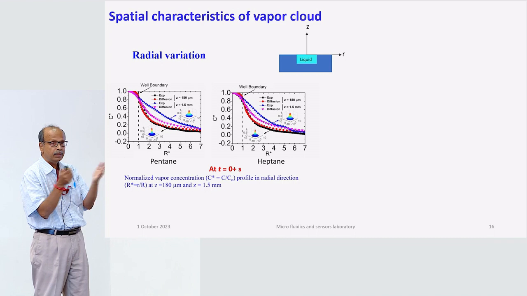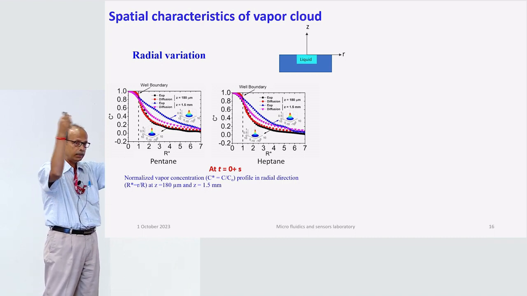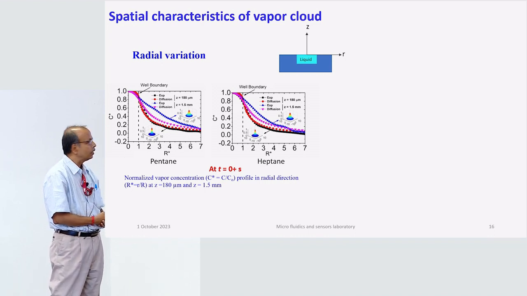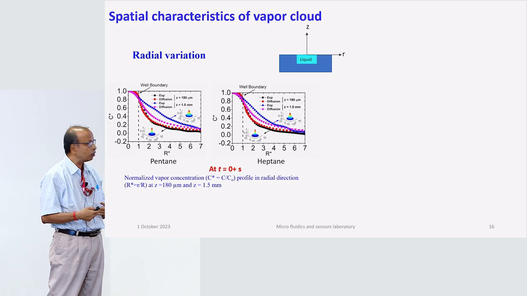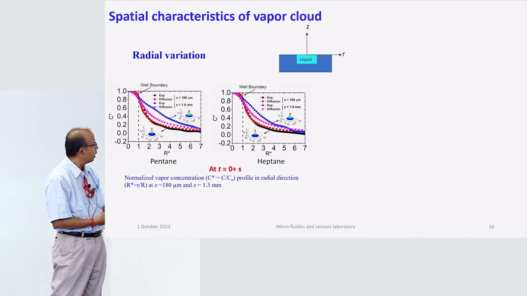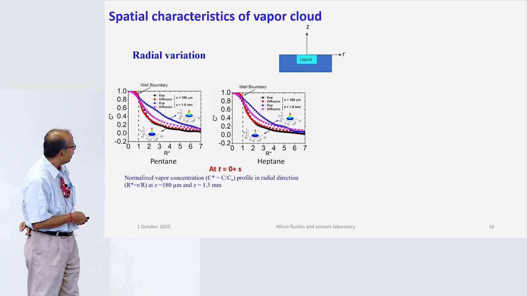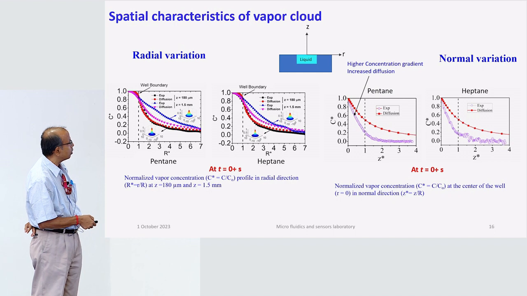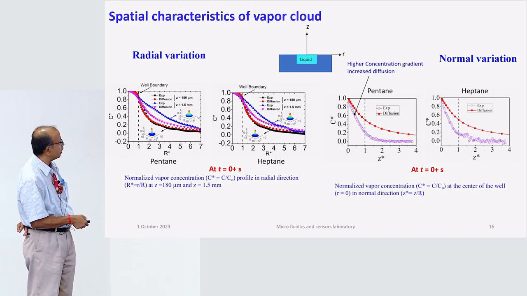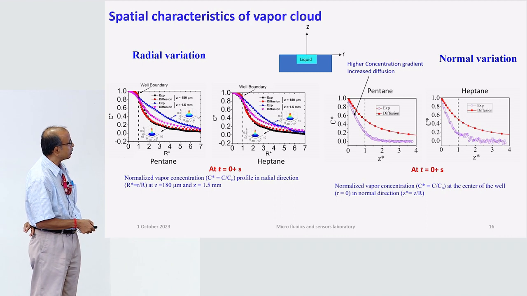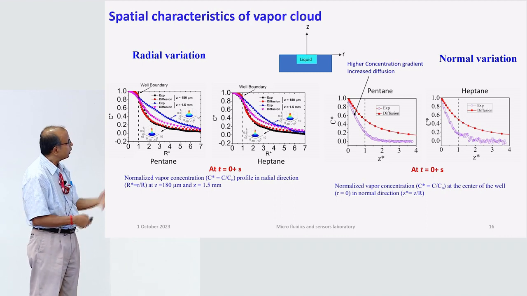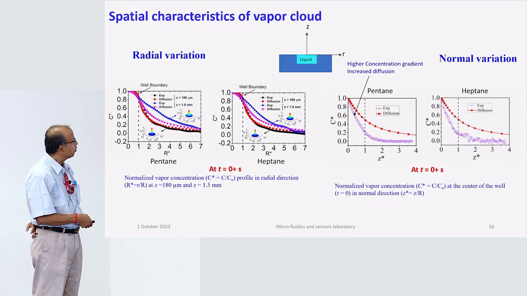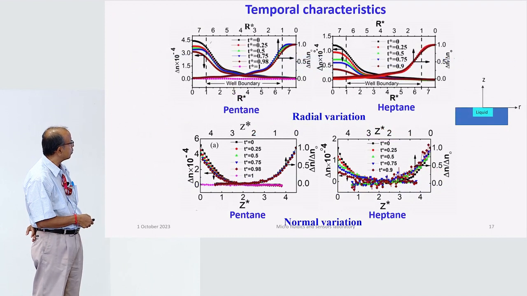So it says the convection effect is more as you go away from the interface, and diffusion is good enough when you are close to it, which is also what we physically expect. Then in the normal direction, this one is the diffusion limited calculation, and this one is the concentration distribution in the experiment, and it shows there is a big difference in the vapor cloud distribution between the experiment and the diffusion limited calculation.